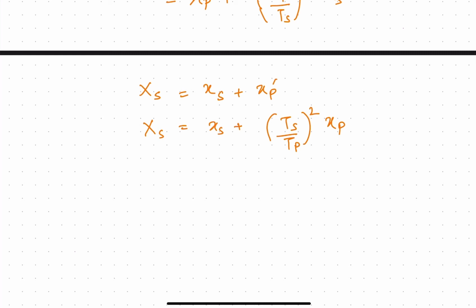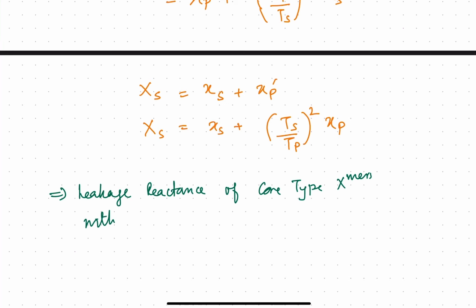I leave that as an assignment to you, so you can see the leakage reactance of core type transformers with concentric LV and HV of equal height and length.